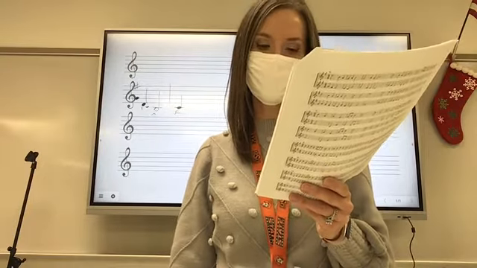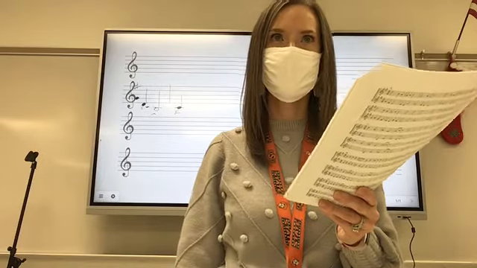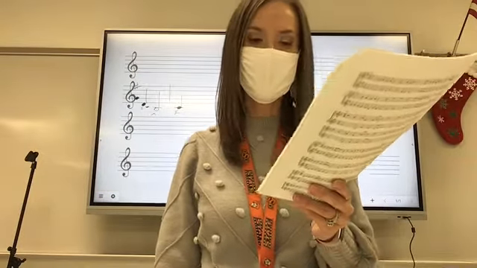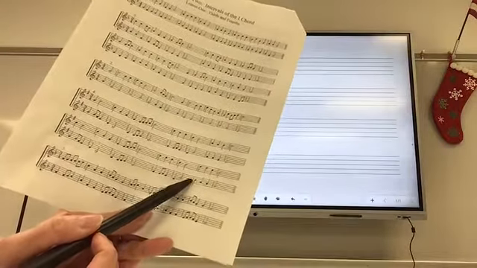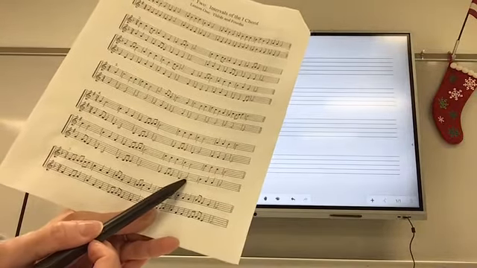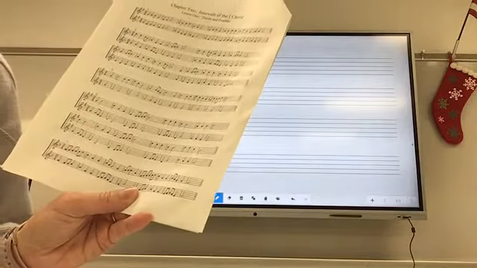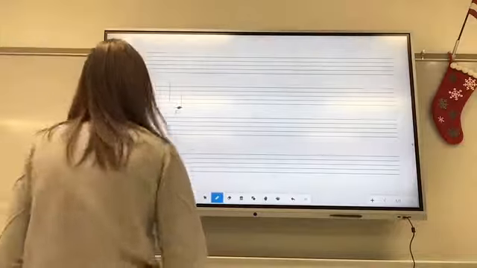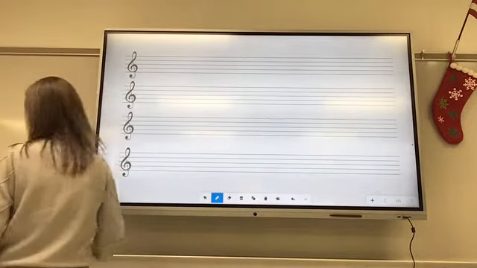Hannah, where's that one? In the 6th measure to the 7th measure, do to me. Very good. So at the end of the 6th measure, going into the 7th measure, we have do here, and we're skipping up to me right there. Everybody with me? Everybody see those? Okie dokie. Man, that's some terrible notation. That was bad. All right.